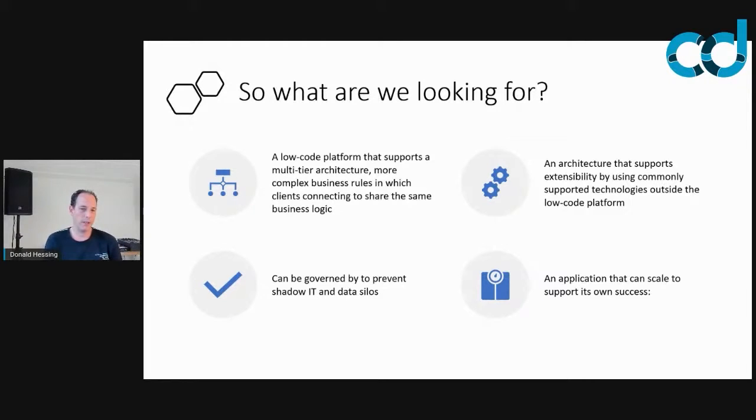But also an architecture that allows you to extend to where the low-code platform stops, to support the more challenging use cases. And ideally on a technology that is well known by developers and also maybe within the Azure ecosystem. And lastly, we would like a solution that can be governed by IT to prevent things like data silos.